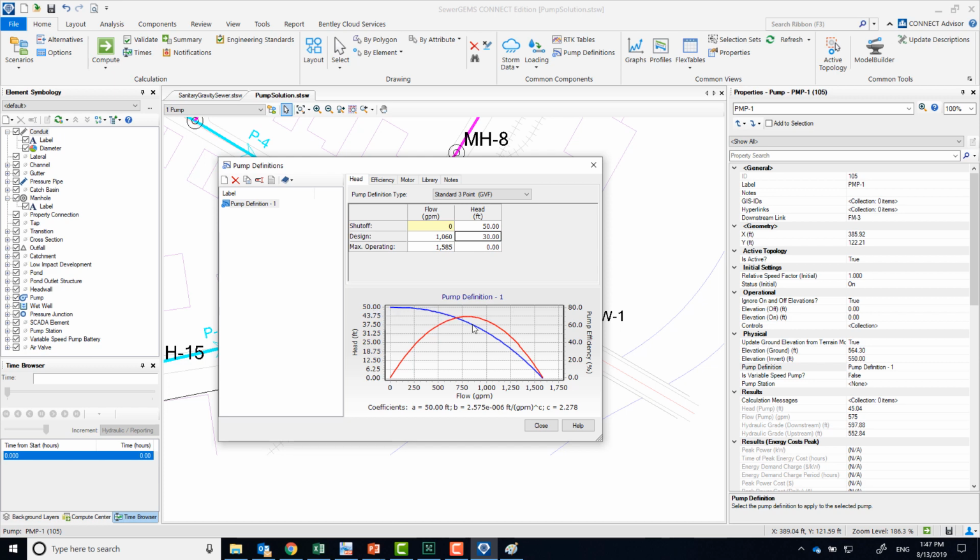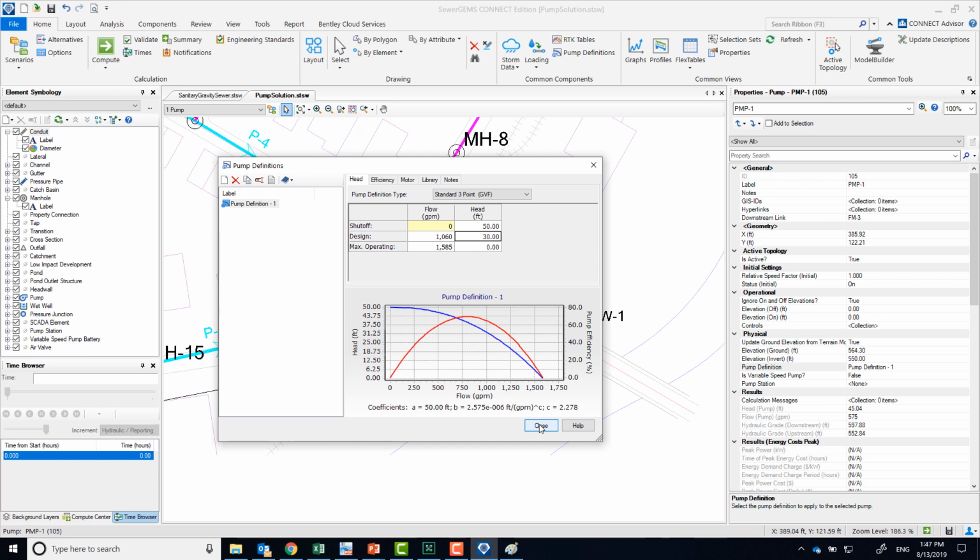So again, we can operate anywhere along the pump curve, but that's not necessarily the most efficient place for our pump.